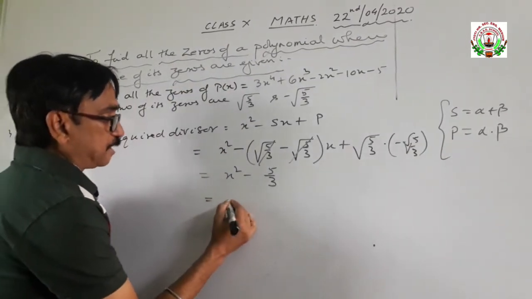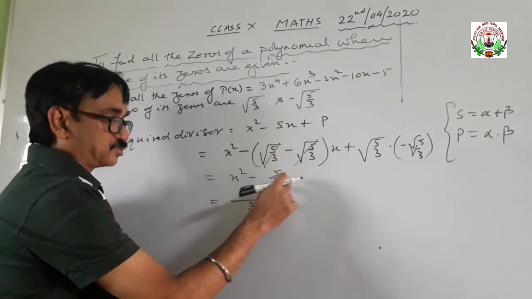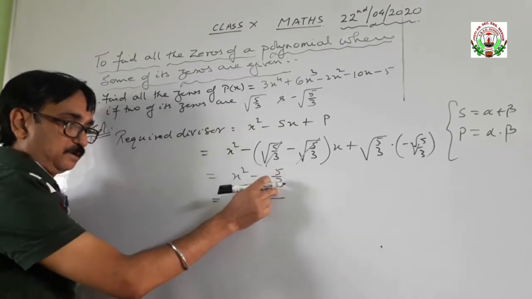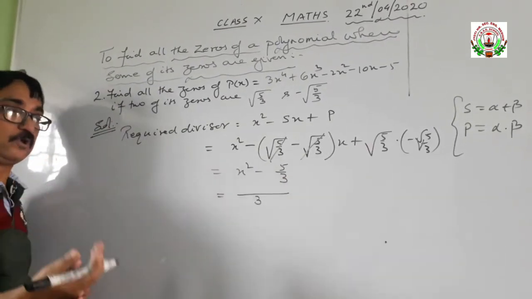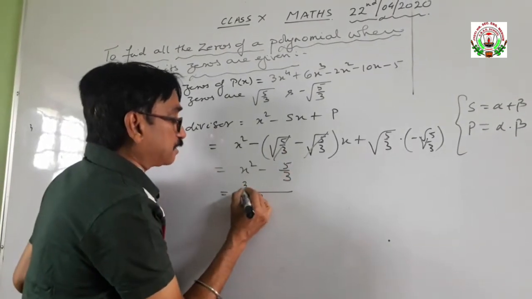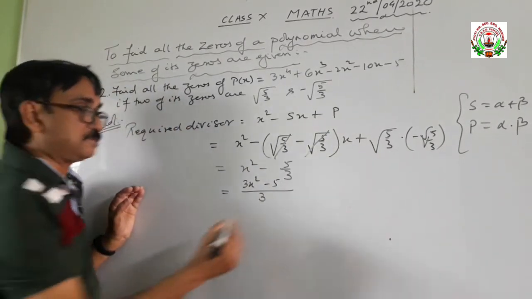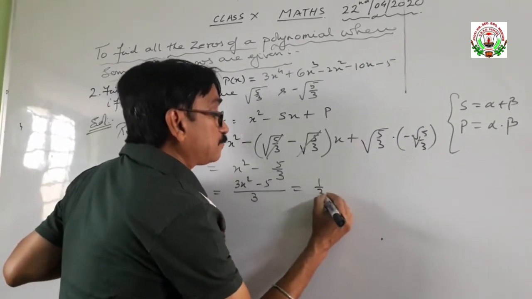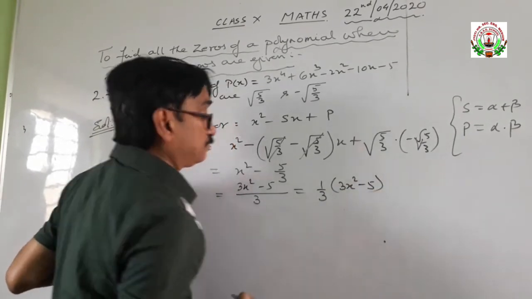So now we take the LCM here, as the constant value is fractional. In the previous question it was x square minus 2 only, but here the constant is in fractional form. So taking the LCM, we get 3x square minus 5 upon 3, that can be written as 1 by 3 into 3x square minus 5.